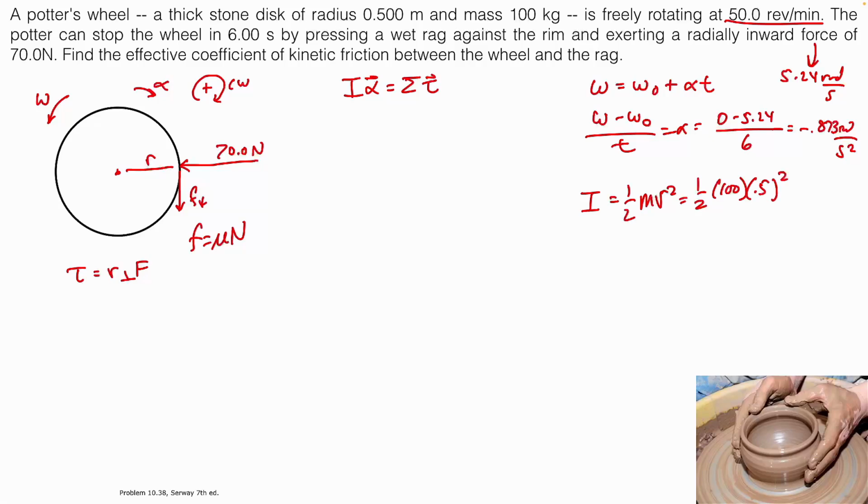That was nice of them. And that moment of inertia turns out to be 12.5 kilogram meters per second. No, kilogram meters squared. That's it. Okay. So I got my alpha, I got my I. So let's get that down. Notice I've dropped the vector signs off of this now because I just need magnitudes. And I have my one torque.